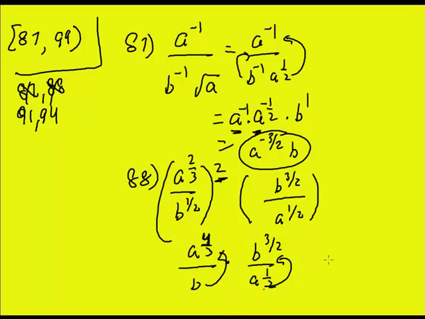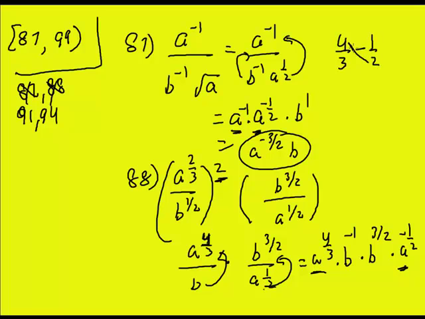When I write everything out, this now looks like a to the 4/3, times b to the -1, times b to the 3/2, times a to the -1/2. That and that have the same base, which means I can add the exponents. That means I'm adding 4/3 plus -1/2.